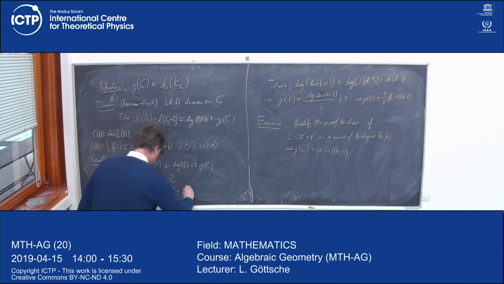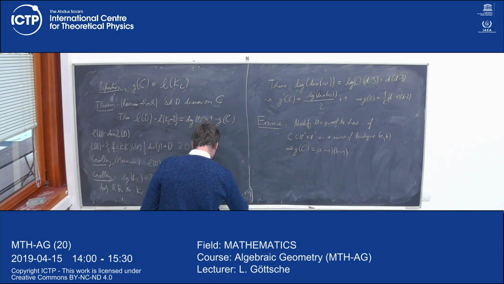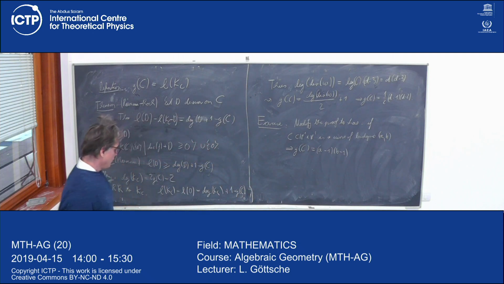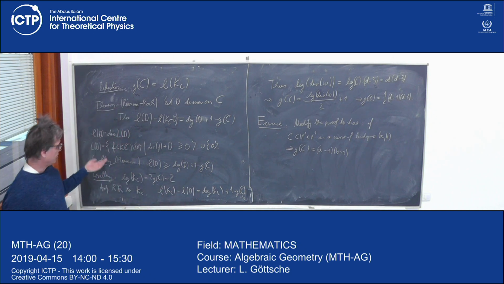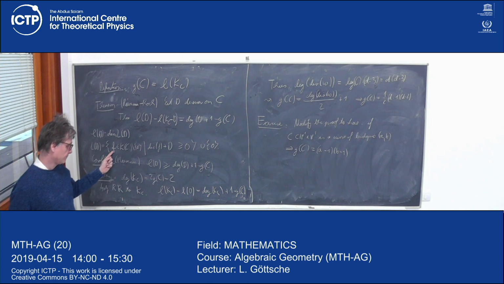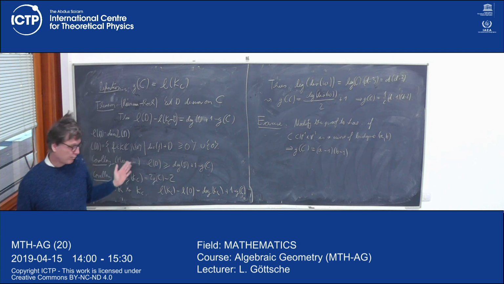So l of the zero divisor is equal to the degree of Kc, which at the moment we don't know, we want to show that number, plus 1 minus g of C. So what is l of the zero divisor? It is all rational functions whose divisor is effective, so that means all rational functions without poles.